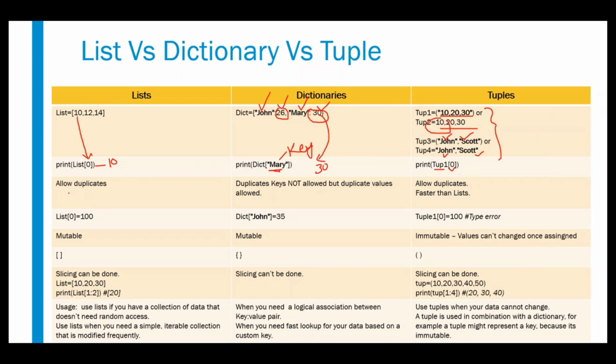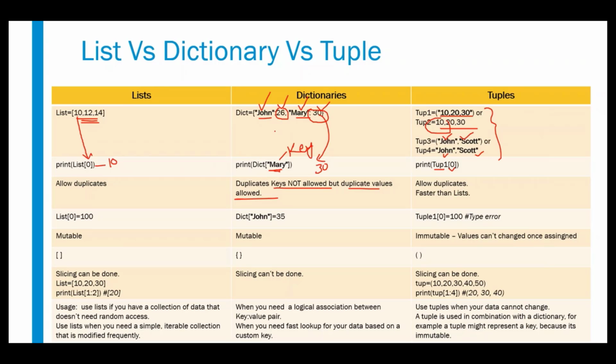Now in the list we can store duplicate values. List allows duplicate values. But in dictionaries, keys are not duplicated. Values can be duplicate. So duplicate keys are not allowed, but duplicate values are allowed, because the keys are always unique.